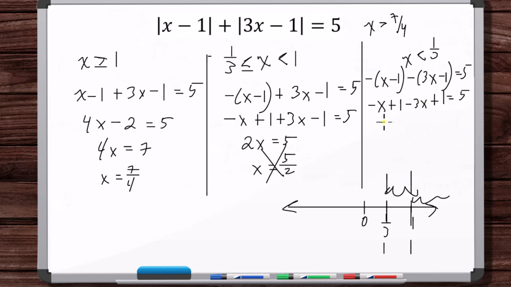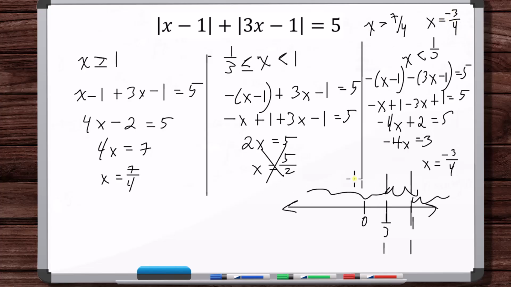Okay, minus x minus 3x, 1 plus 1. 5 minus 2 is 3. Okay, is this less than 1/3? Yes, it is. So that's a solution, and we've accounted for all of the regions, so those are the two solutions.